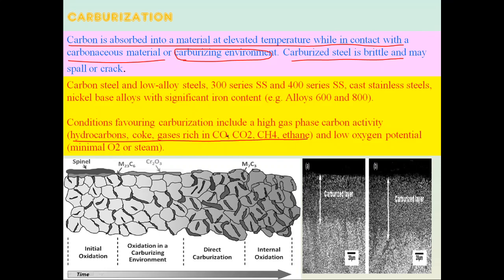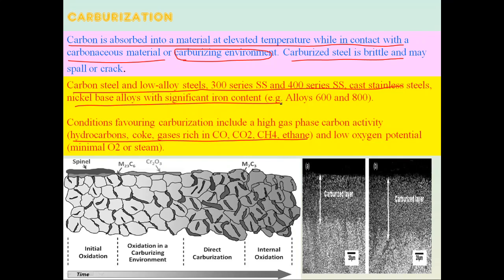Carbon monoxide, carbon dioxide, methane, ethane: where these gases are present, there will be more chances of carburization at higher temperatures. Carbon steel and low alloy steel, 300 SS, 400 SS, cast steel, nickel alloy: all these materials are susceptible to carburization, but to different extents.